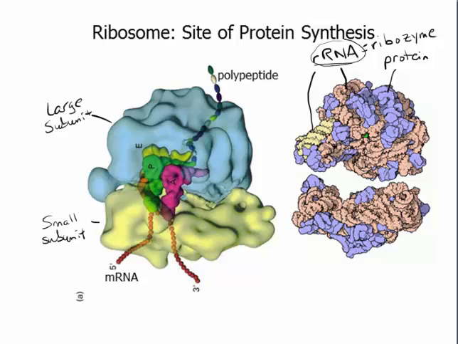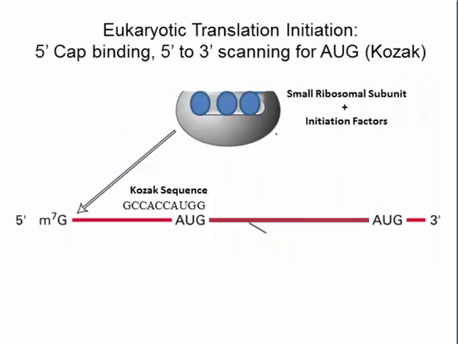All right, so we're going to talk about the process of translation as it occurs in eukaryotic cells. And that process is just a bit more complex than what happens in prokaryotes, but the mechanism is very, very similar. As we talked about when we talked about mRNA processing, the 5' cap is going to be critical for initiating translation in eukaryotic cells, right? So what happens is that we have a complex assembled that consists of the small ribosomal subunit and several proteins referred to as initiation factors, which we're just representing as these little blue blobs.